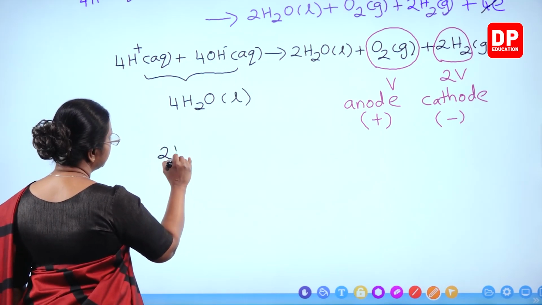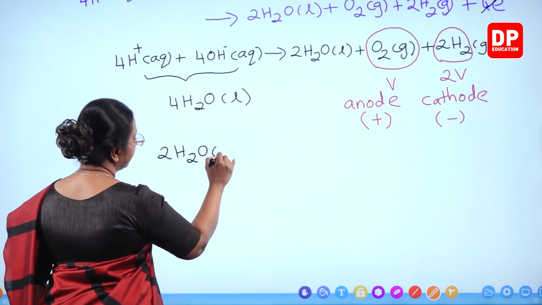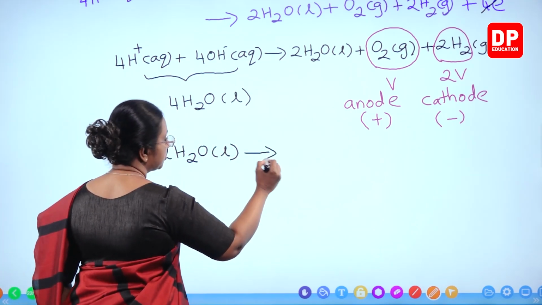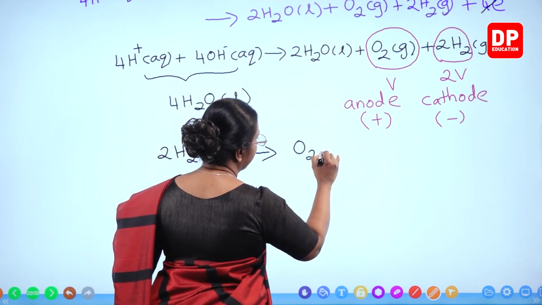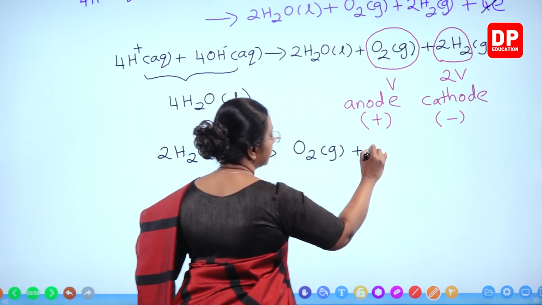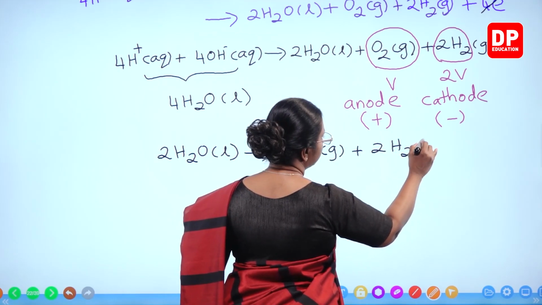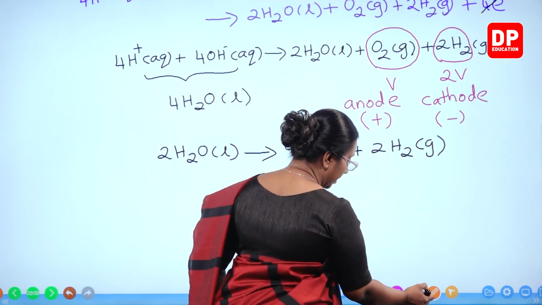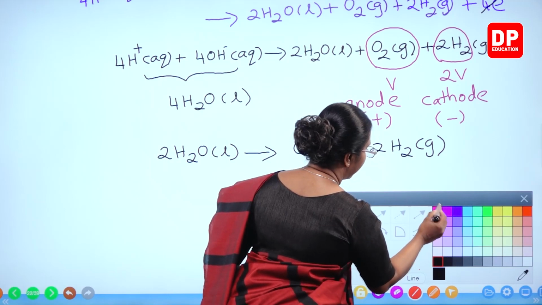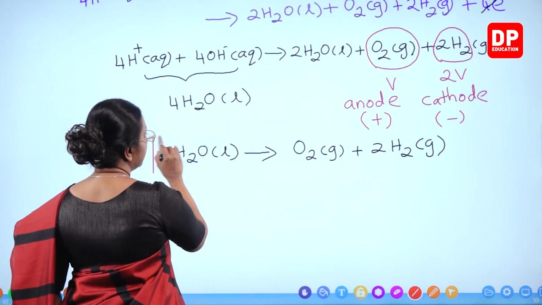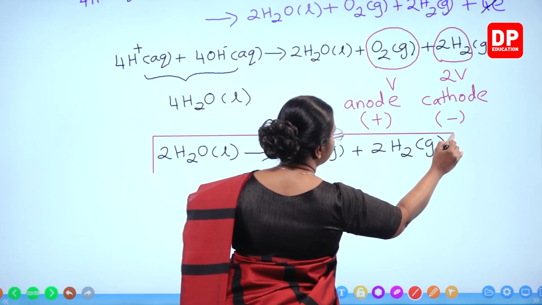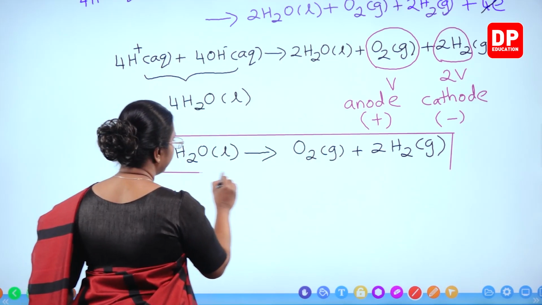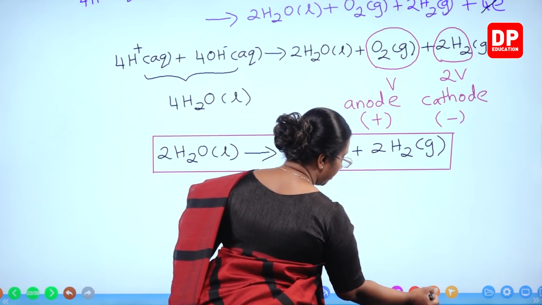So we can have 2 water liquid giving rise to O2 gas plus 2H2 gas. The same equation, but we simplify it and write it as this. So this will be the final equation for electrolysis of water.